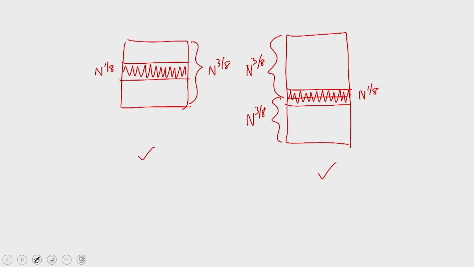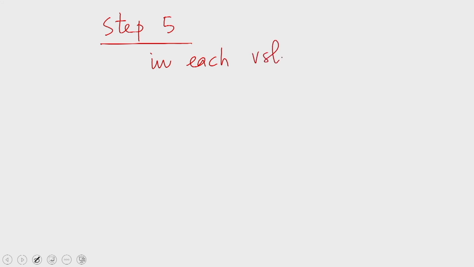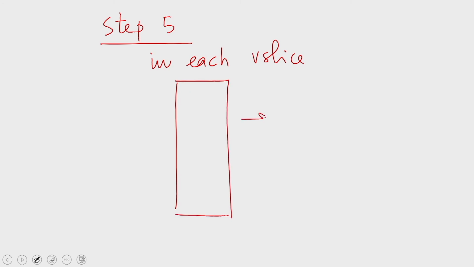Now, in the next step, which is step 5 of our algorithm, what we do is this. In each vertical slice, we pair off the blocks in this fashion.